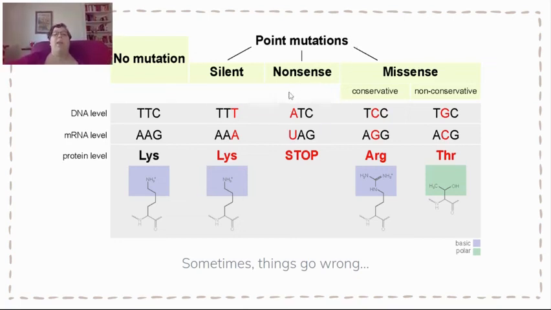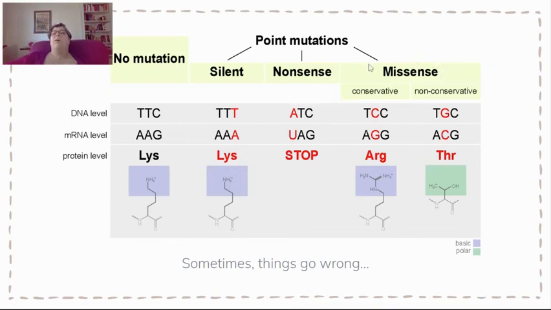Or you can make a nonsense mutation, like the fact that there is a nucleotide sequence, I apologize for my misspeaking, that tells the DNA to stop, that says don't add any more amino acids.